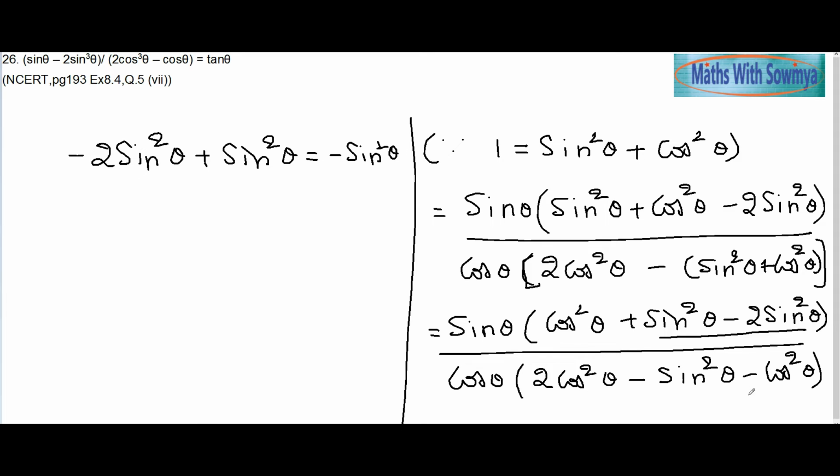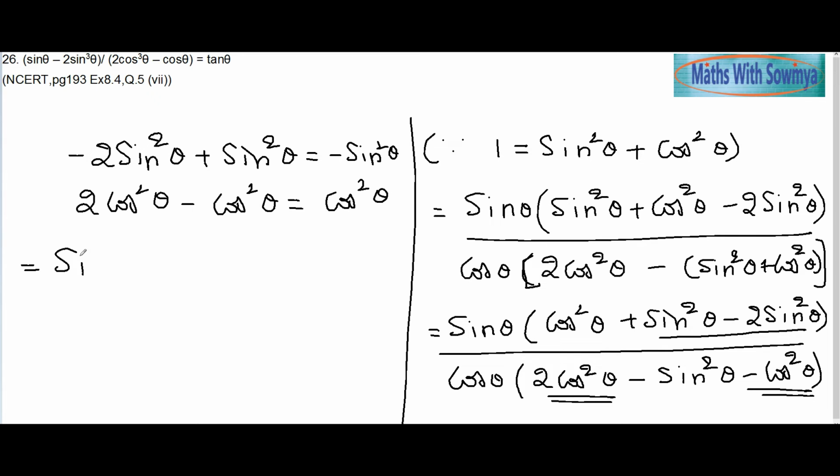Similarly here, we are having 2 cos square theta and minus cos square theta. So, 2 cos square theta minus cos square theta will give us cos square theta. So, we can replace this in the numerator. Now, I am left with sin theta, cos square theta as it is.